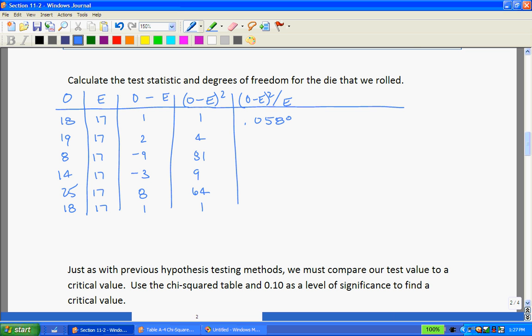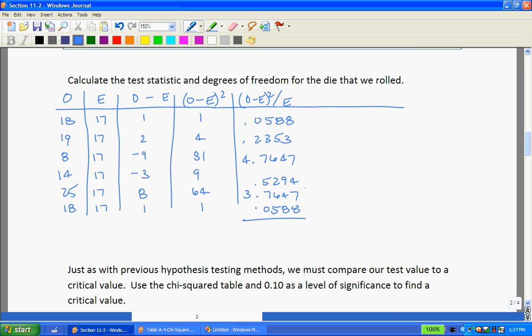0.0588, 0.2353, I'm rounding to the 4th decimal place, 4.7647, 0.5294, 3.7647, and 0.0588.